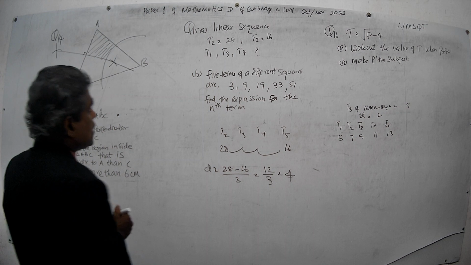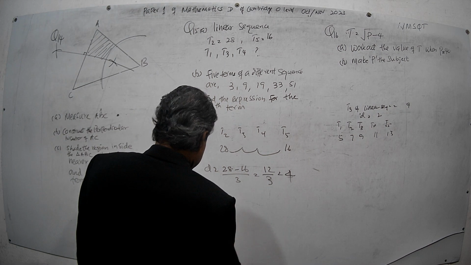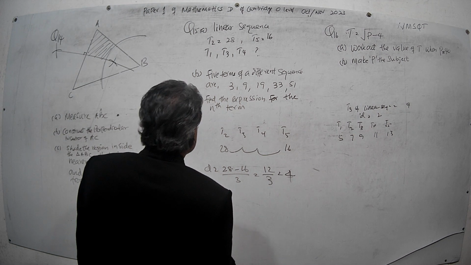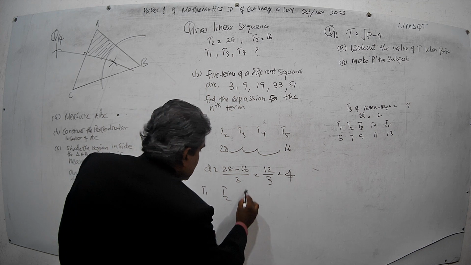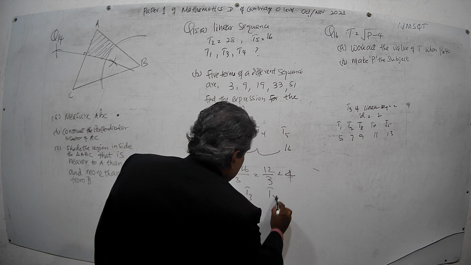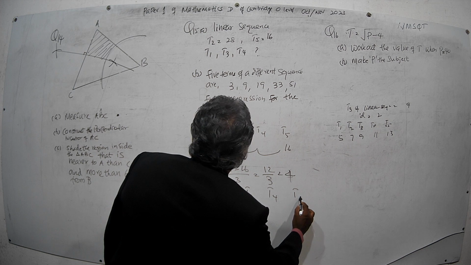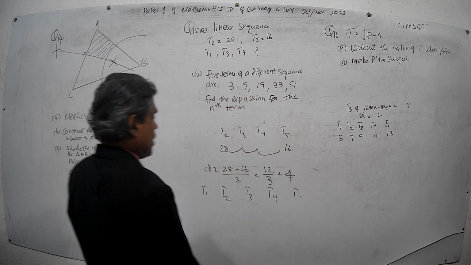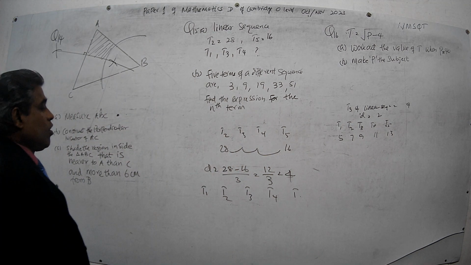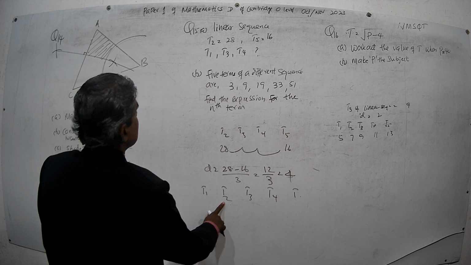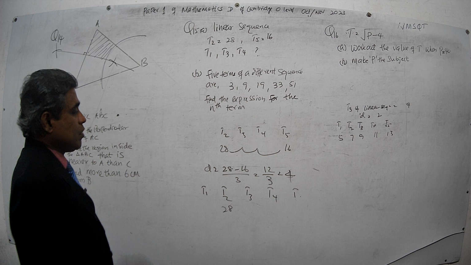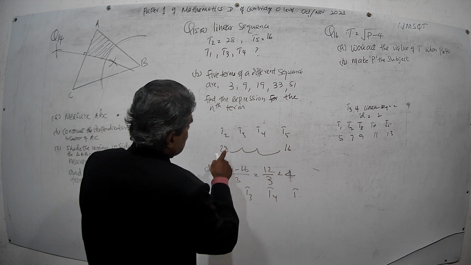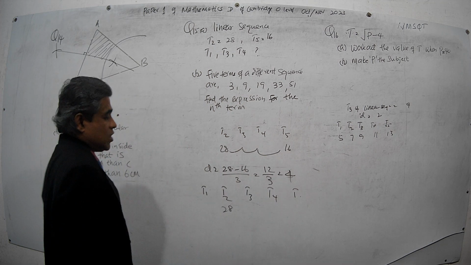They gave us T2 as 28. We want to find T1, T3, and T4. T2 is 28 here. From T2 to T5 the sequence has decreased.